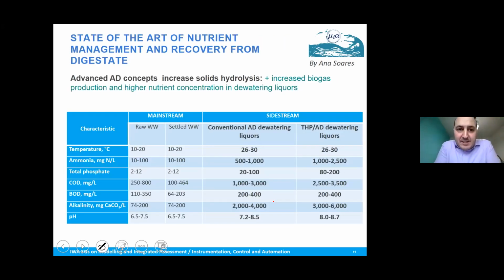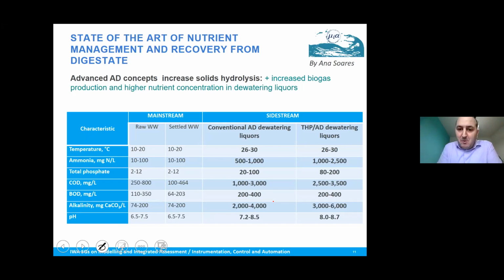Ana Suarez provided an overview of the state of the art of nutrients management and recovery from digestate. She focused on advanced anaerobic digestion concepts, which increase solid hydrolysis, and therefore biogas production is increased, but also the nutrient concentration in the digestates, in the water and liquors, is also increased.